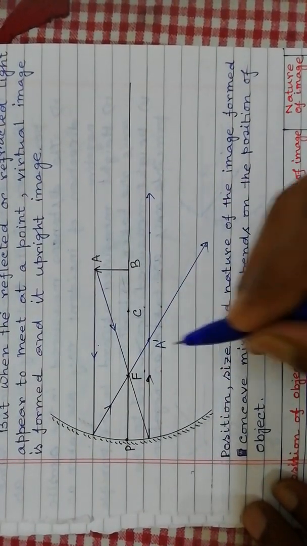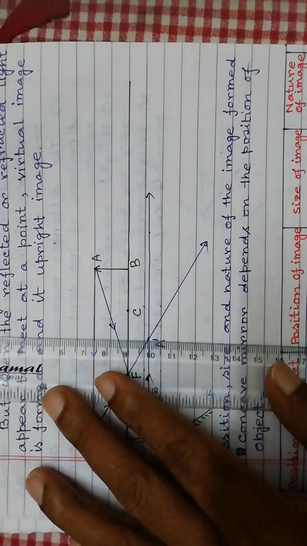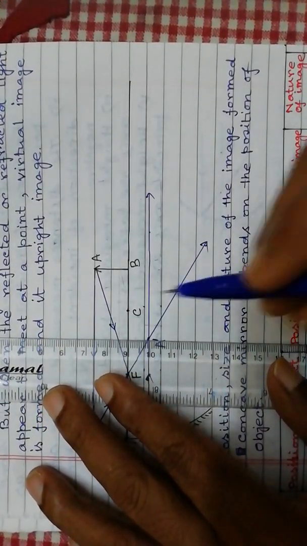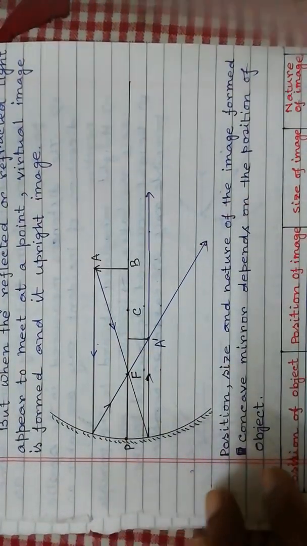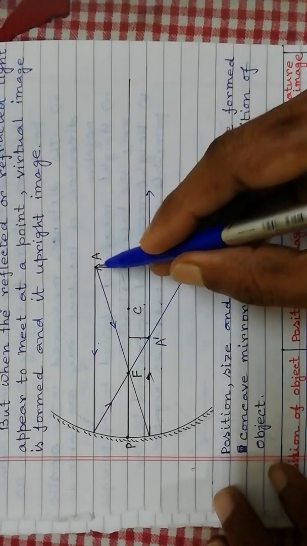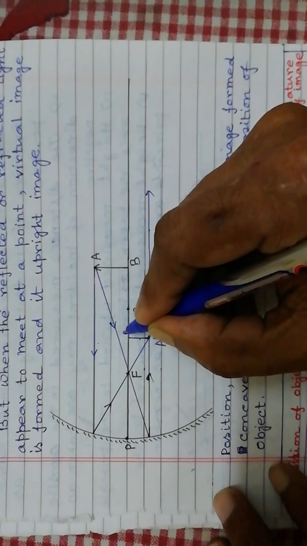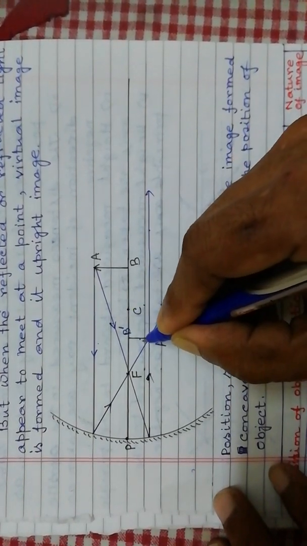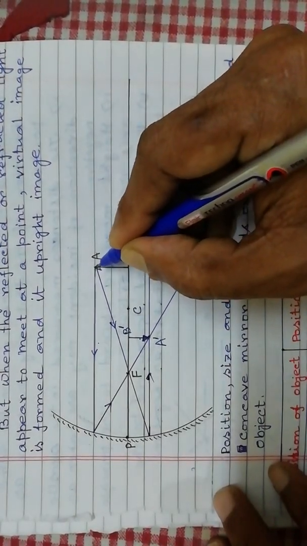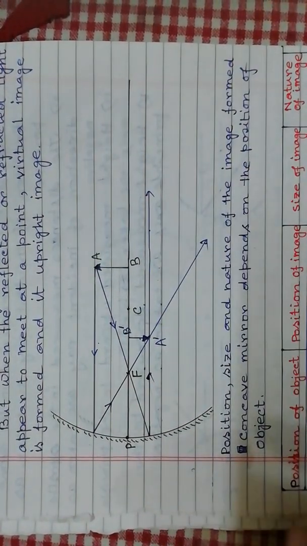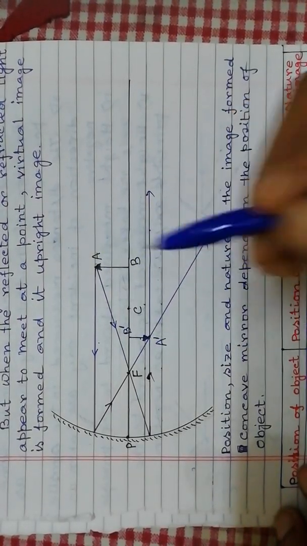This is the image of A. Now draw a perpendicular on the principal axis from that point A dot, say B dot, and it will be the image of object AB. It was an arrow-headed object, so it will be an arrow-headed image. So A dot B dot is the image of AB.